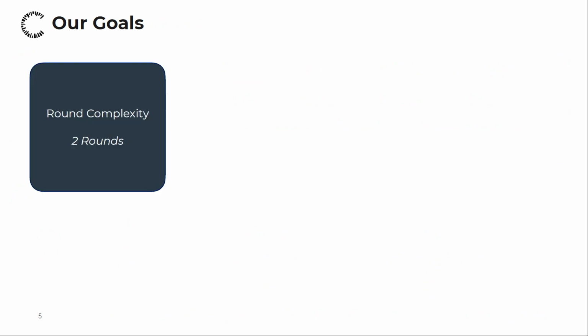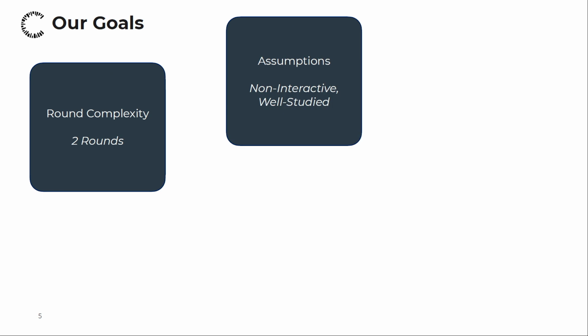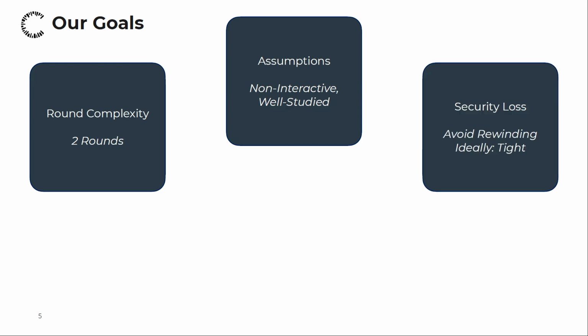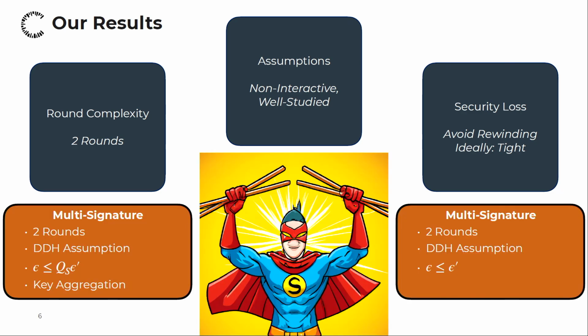Okay, so concretely what we wanted is a scheme that is 2 rounds. It should come from a non-interactive assumption. I don't want to make the assumption that the scheme is secure or something like that. And ideally, I avoid this rewinding, and even better, I get a tightly secure scheme. So that was our goal, and we actually achieved this.